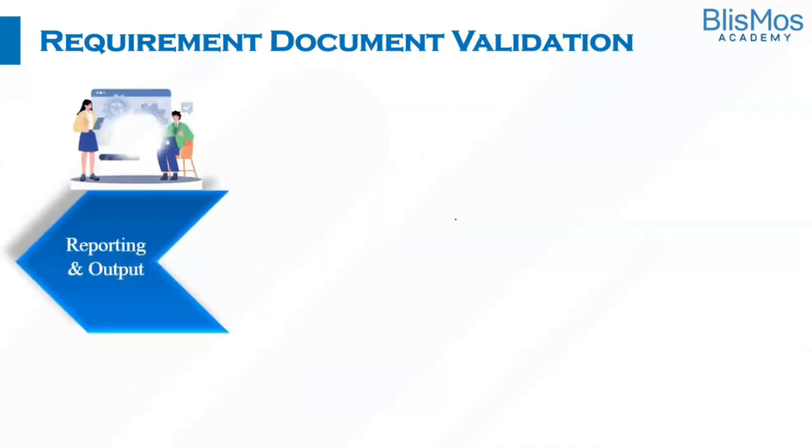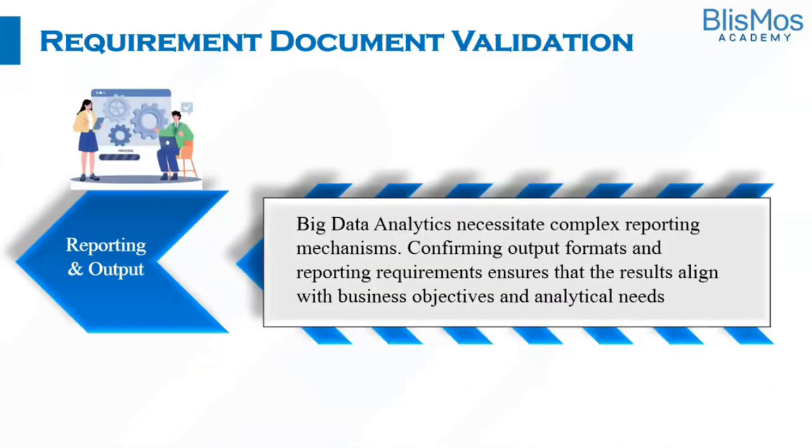Then comes the reporting and output. So remember, we are not validating the report from the test execution perspective. We are validating from the requirements, whether the requirements are specified properly or not. That is what we are validating. The execution comes after we write the test cases and after the data migration and data transformation are done.